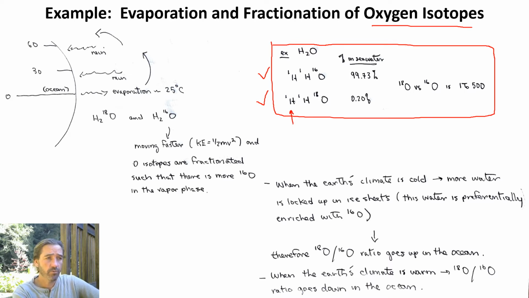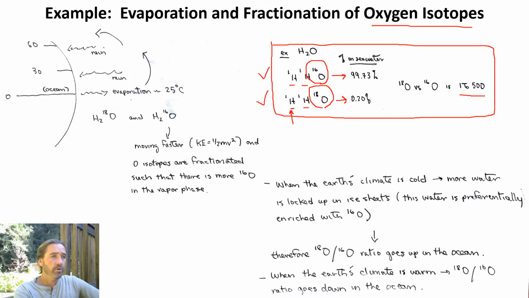The two combinations we're going to consider is H1 with either oxygen 16, which is very prevalent, or oxygen 18. When we consider the abundances of these two types of water, we see that it's 1 to 500. So there's much more oxygen 16 associated water than oxygen 18.